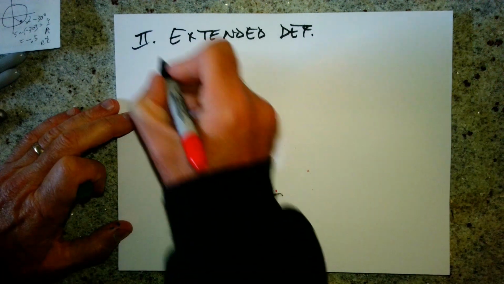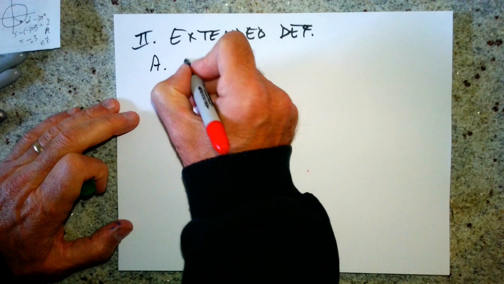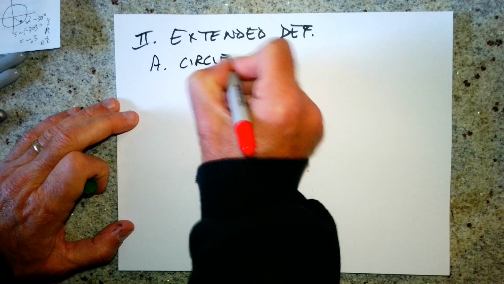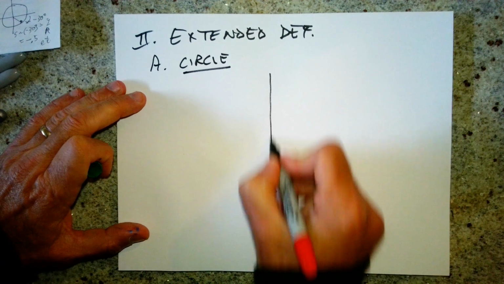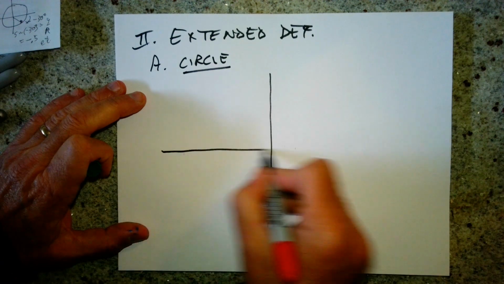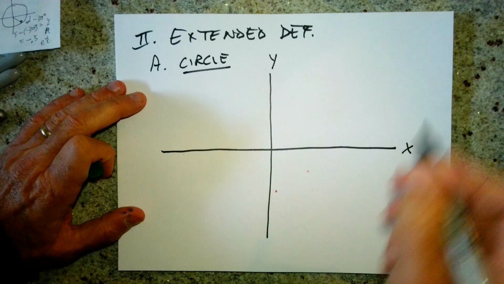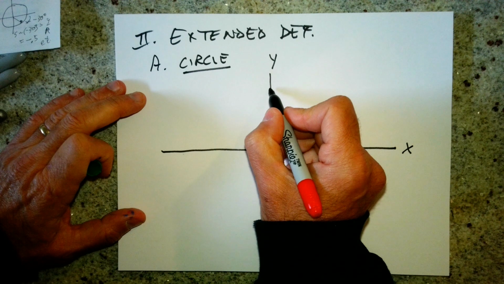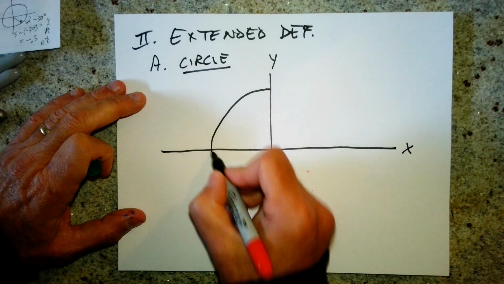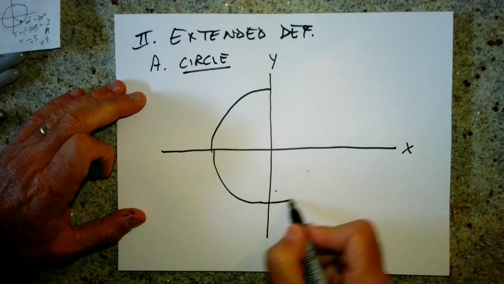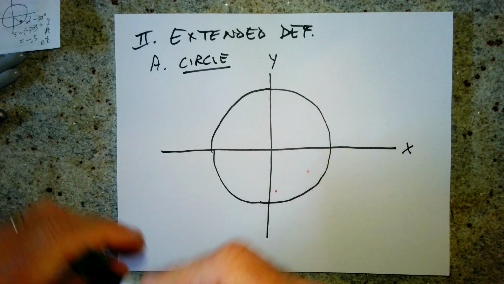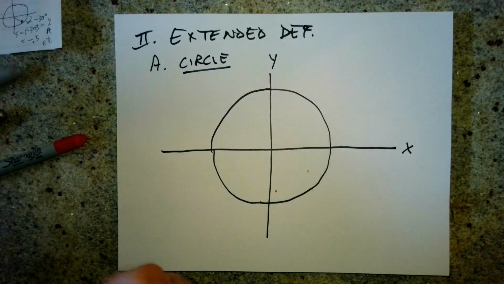Okay, the extended definition is based on circles. It's actually based on a circle superimposed on coordinate axes. So we draw familiar coordinate axes with x and y coordinates, x and y axes. Then you draw a circle. At first, the circle can have any radius you want.